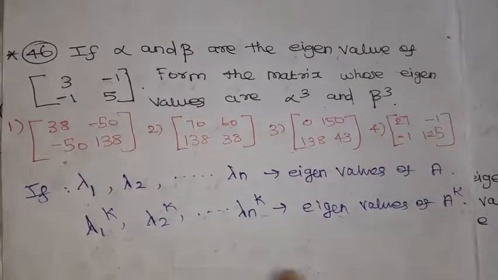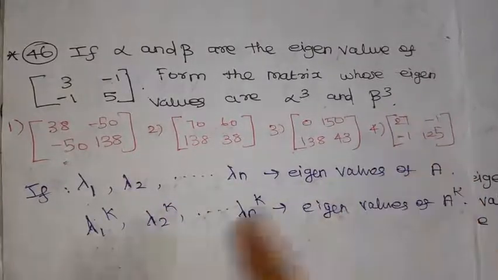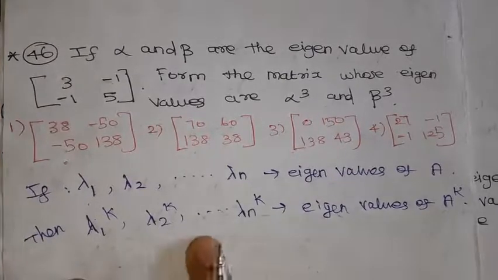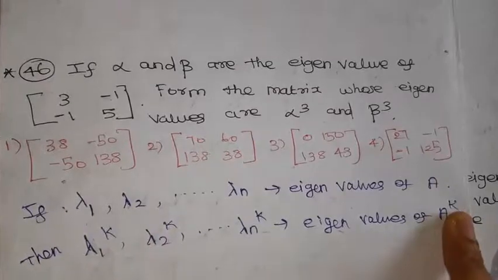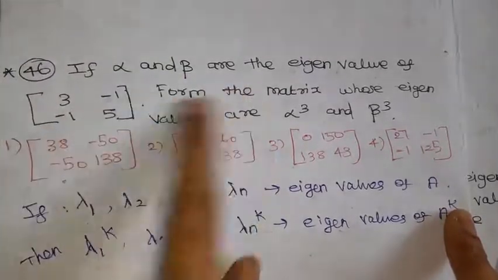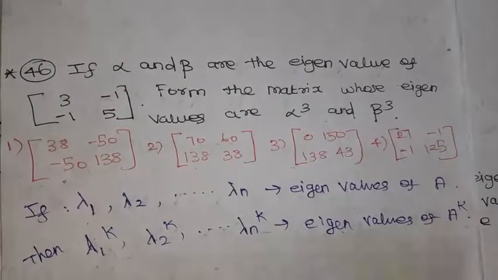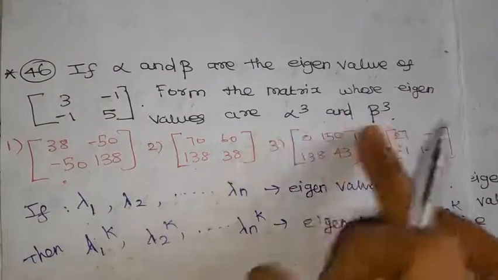Are you clear? So from this what can we get? Alpha and beta are the eigenvalues of this matrix. So we should form the matrix whose eigenvalues are alpha cube and beta cube.